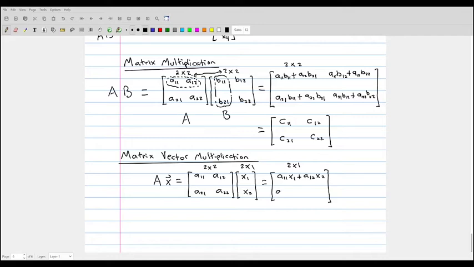And the second entry will be A21 times X1 plus A22 times X2. And hopefully you're seeing in some sense where we're going with this, because we now actually have a means of writing down any size system of linear equations in a very nice, compact, simplified formula with this matrix vector multiplication.